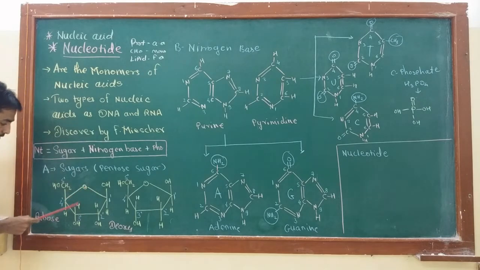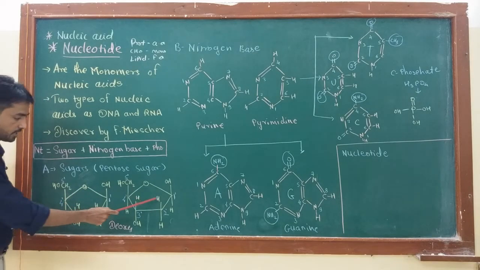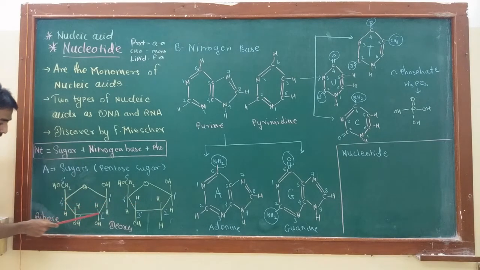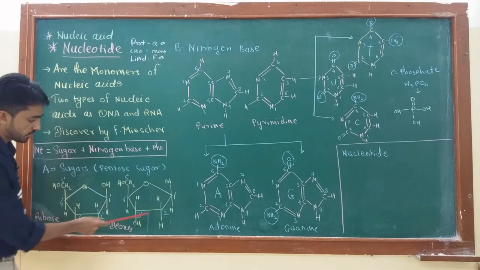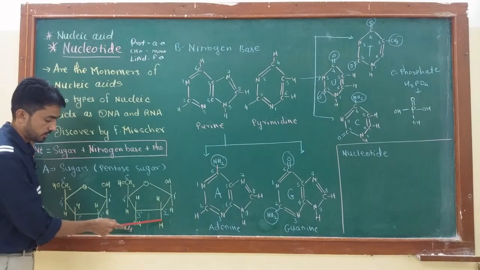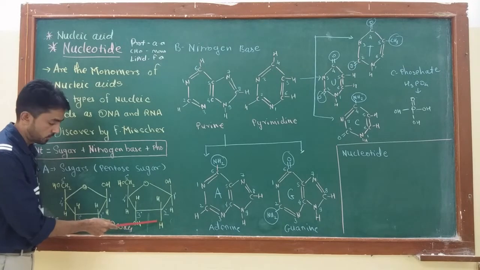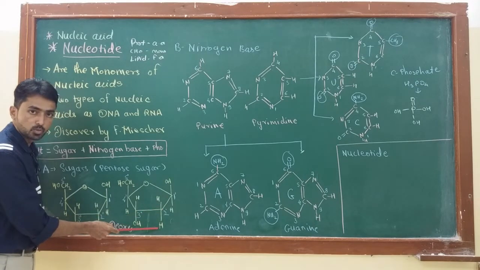The major difference between ribose sugar and deoxyribose sugar is carbon number 2. Here you can see in ribose sugar, carbon number 2 has a hydroxyl group, while in deoxyribose sugar, there is a missing oxygen on carbon number 2.